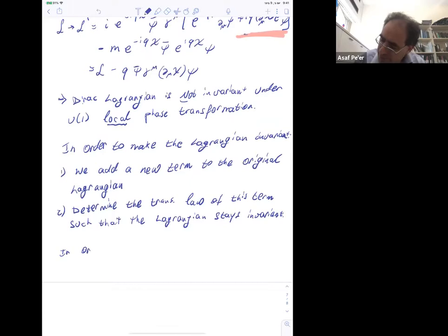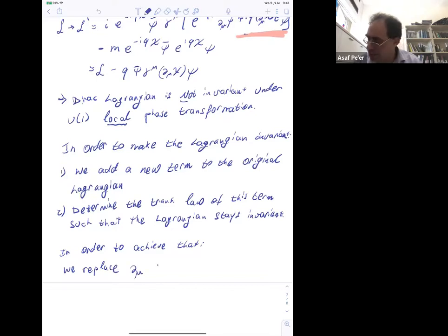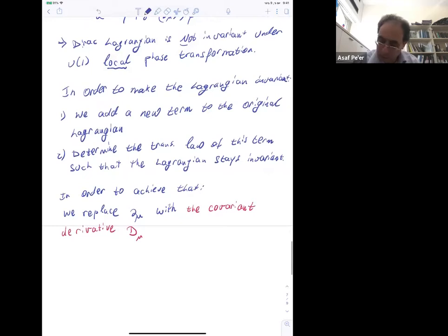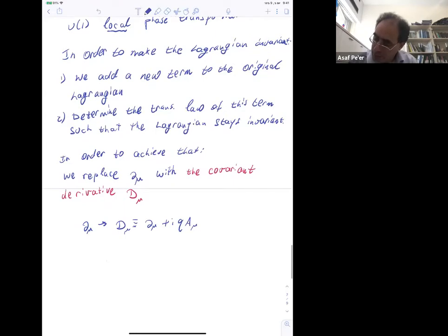So in order to achieve that, we replace d_mu with what is known as the covariant derivative, and the symbol is capital D_mu. So d_mu goes to D_mu, which is equal to d_mu plus an extra term, which I'm going to write as iQ A_mu. And A_mu here is a new field.